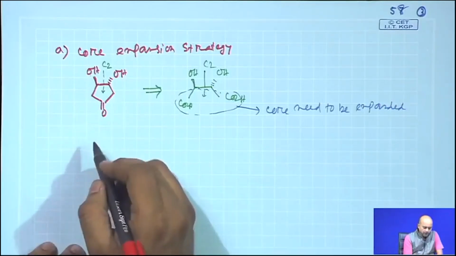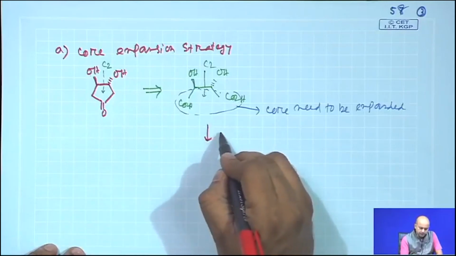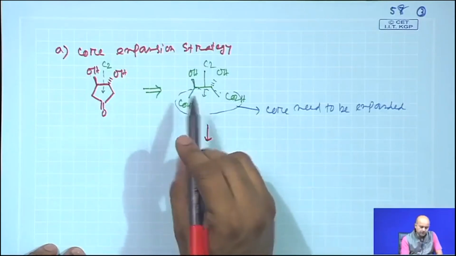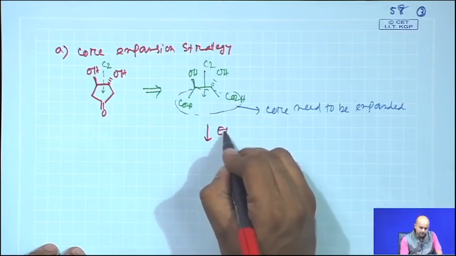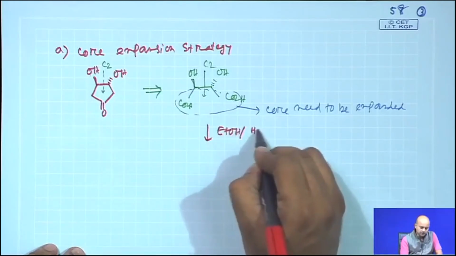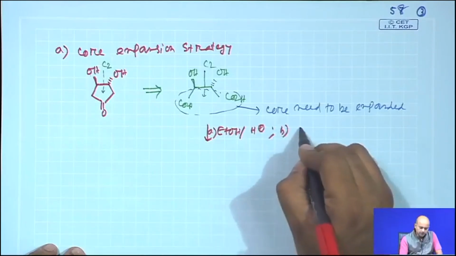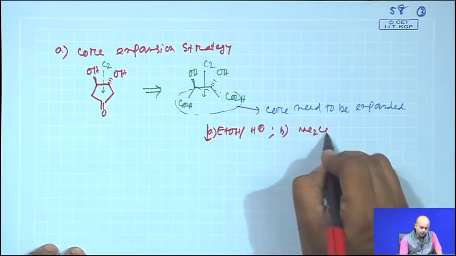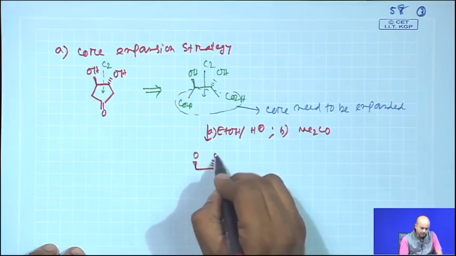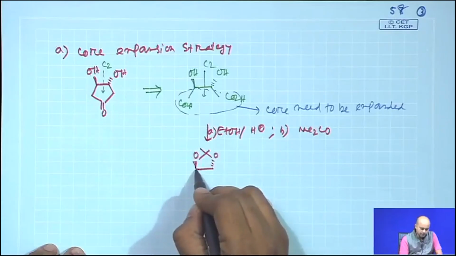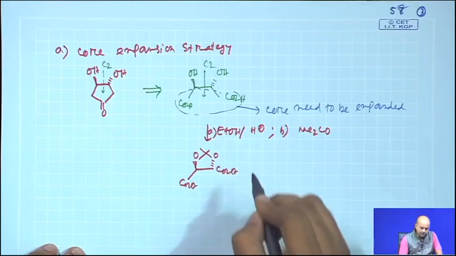Then, in reality, how was it done? If you have tartaric acid, as I said, first you convert the carboxylic acid to the diester by ethanol, H plus treatment, step A. Step B, just protect with acetonide, and then we get this acetonide protected CO2Et, CO2Et.